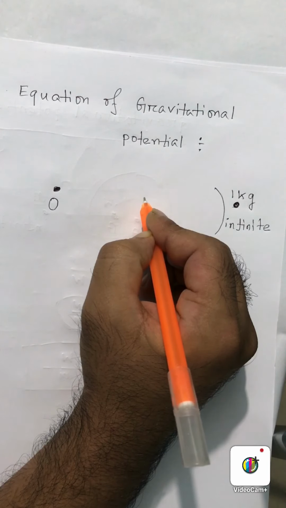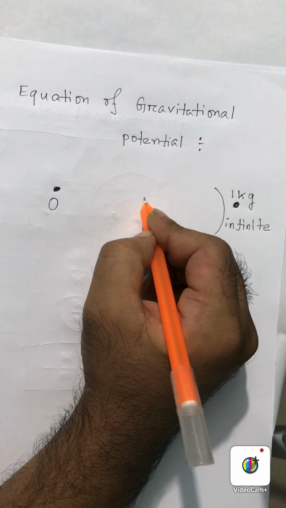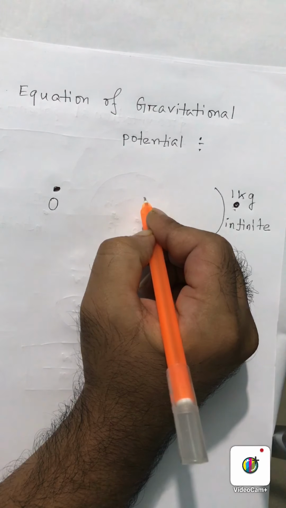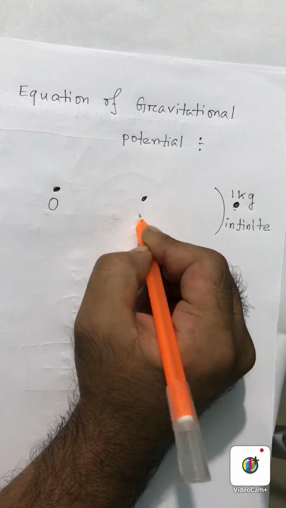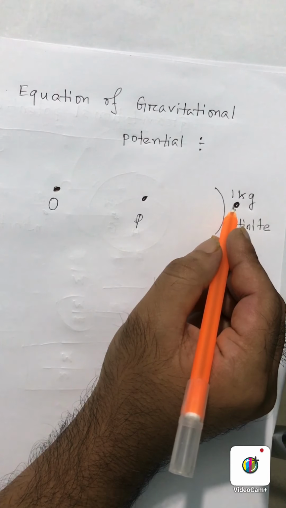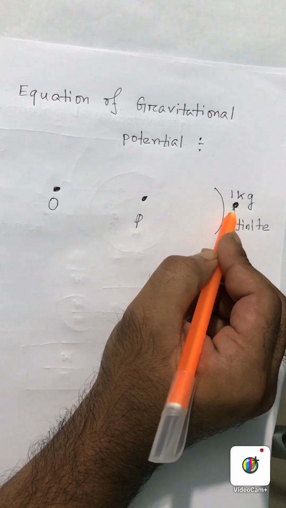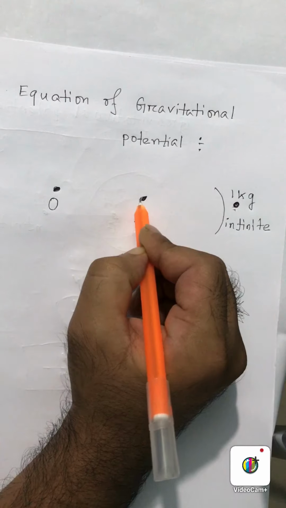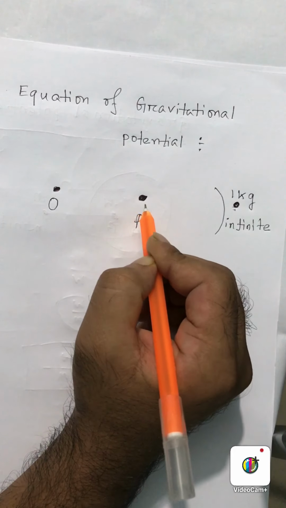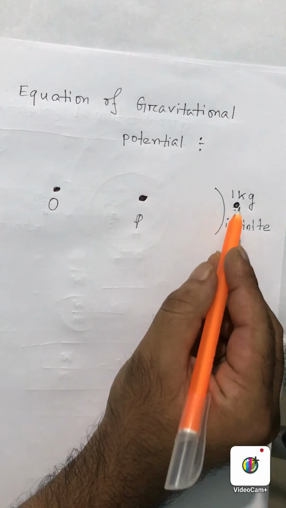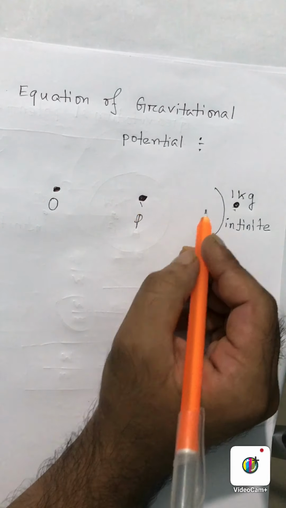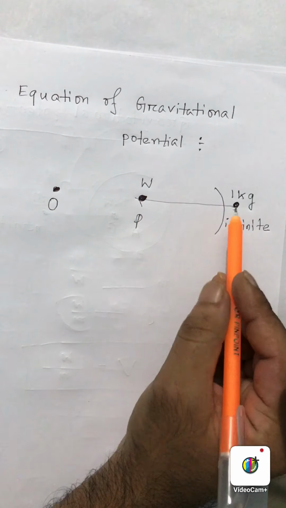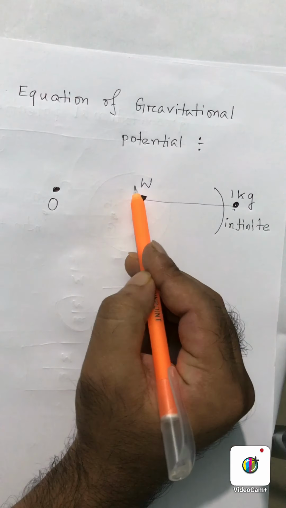So now we calculate the amount of work needed to bring it from infinite distance to the gravitational field at point P. How much work is needed to bring 1 kg mass from infinite distance to P point? This amount of work represents the gravitational potential at P point. At first, we calculate the amount of work to bring 1 kg mass from infinite distance to P point. Let us consider the amount of work needed is W.